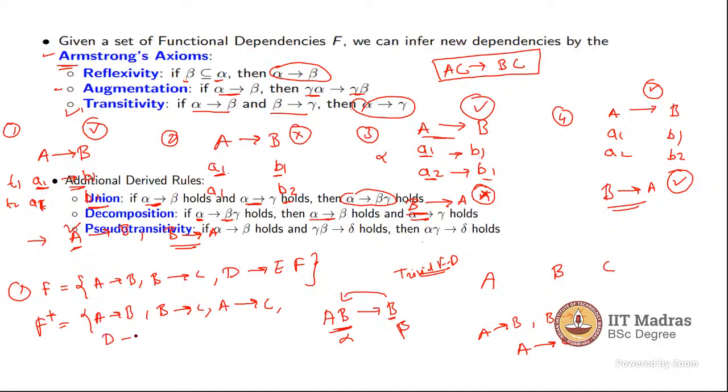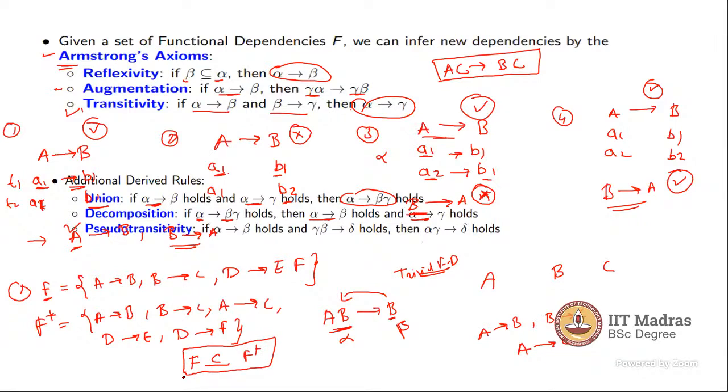So this is basically the closure of the functional dependency. If you observe clearly, F is a subset of the closure of F.